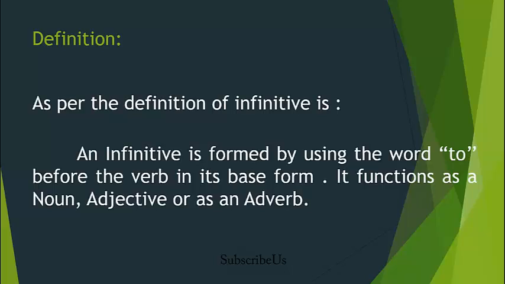Infinitive is formed by using the word to before the verb in its base form. It functions as a noun, adjective, or adverb. It is mostly put before a verb.